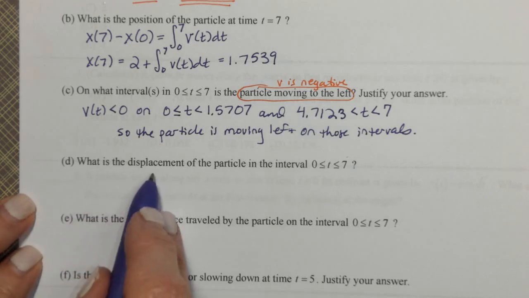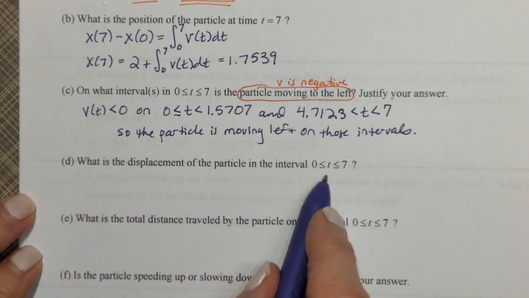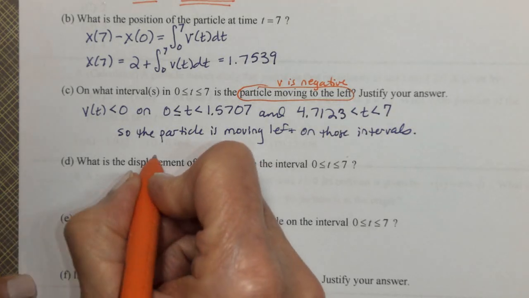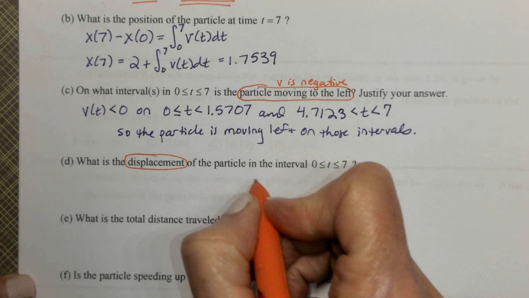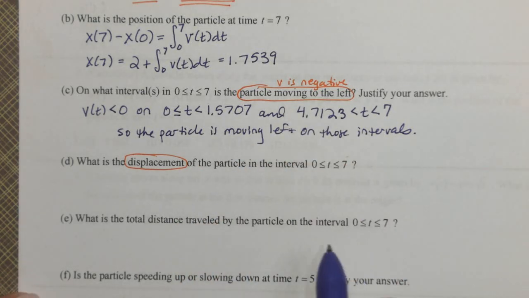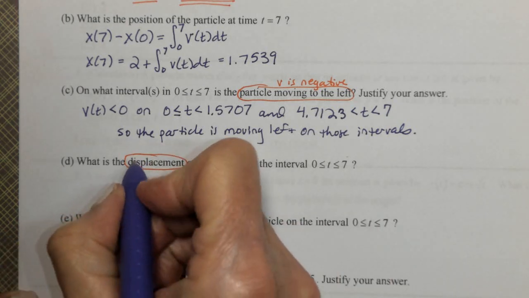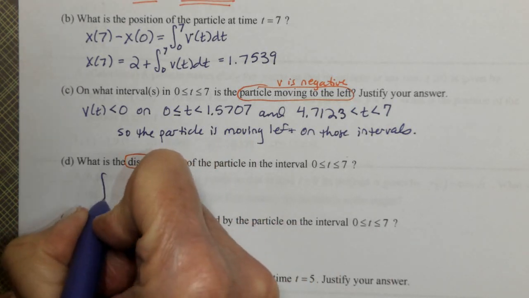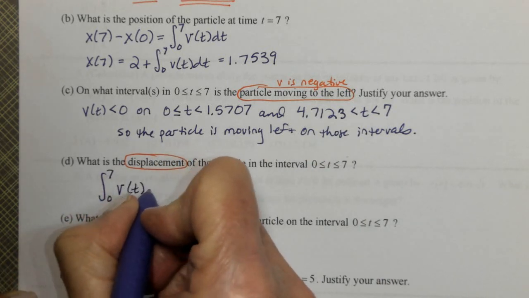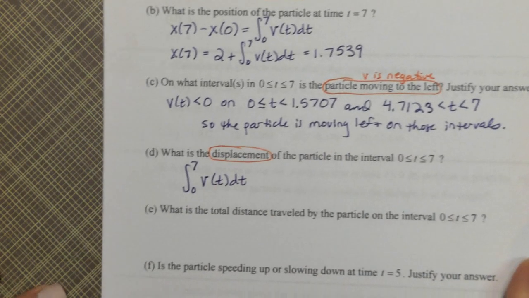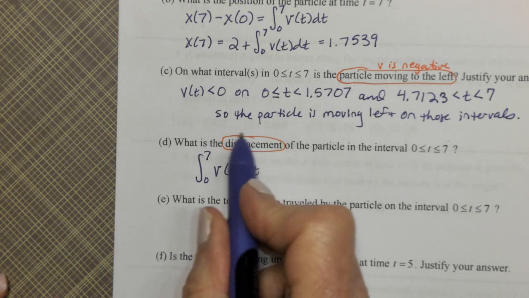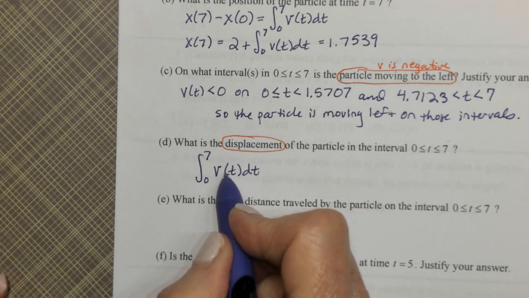Alrighty. What is the displacement of the particle on this interval? So displacement with a calculator is the easy one to find. I'm just going to use my integral. So displacement is the integral from 0 to 7 of just v. Easy peasy. That's the difference of the position values, right?